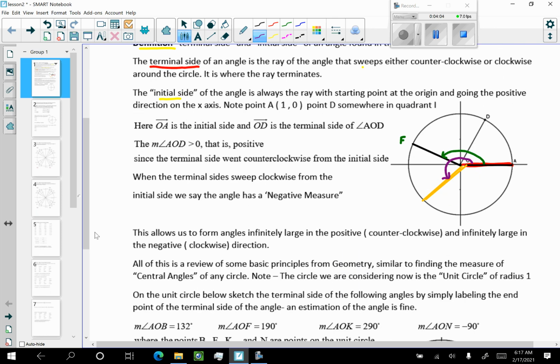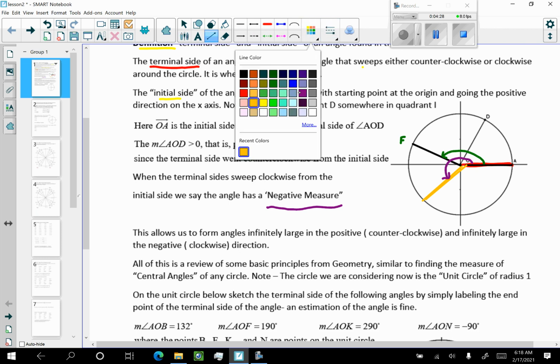And look what else we can do. And this is just mind-blowing. Never, ever have you ever talked about negative measured angles. Well, guess what? If we sweep that terminal side clockwise, then we are forming negative angles. So let me go a different color here. Let's go blue.